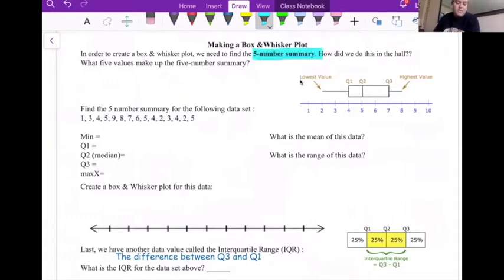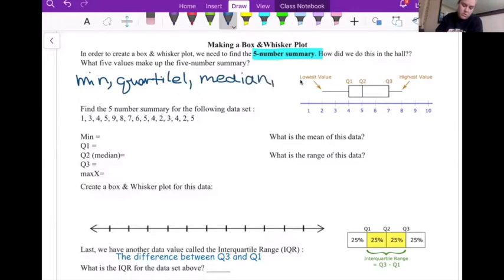And so the 5 values that make up our 5-number summary is the minimum, the first quartile, our median, sorry, this should be a 1, not an L. Quartile 3, and our maximum values.